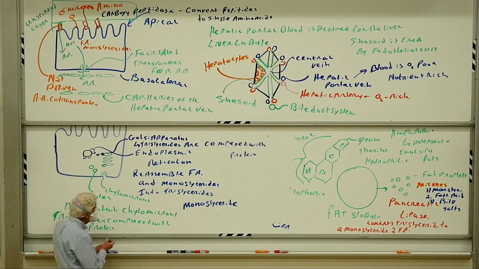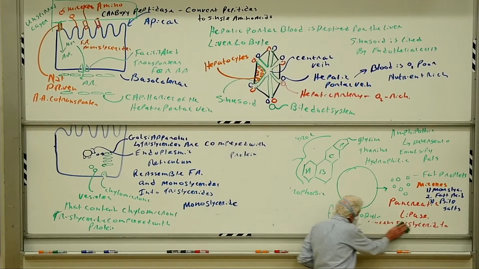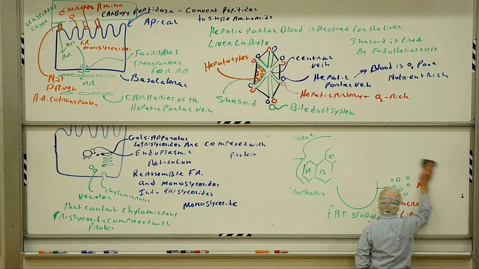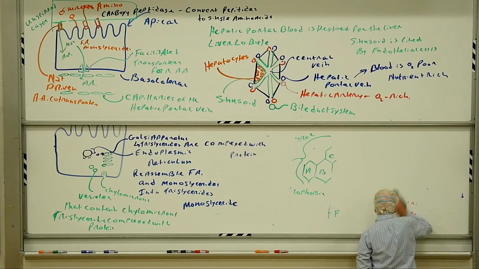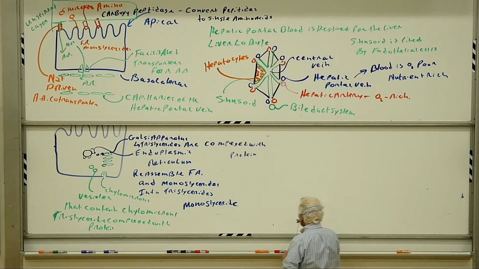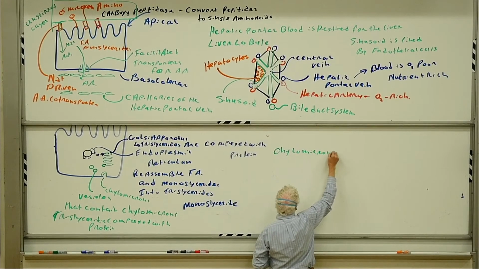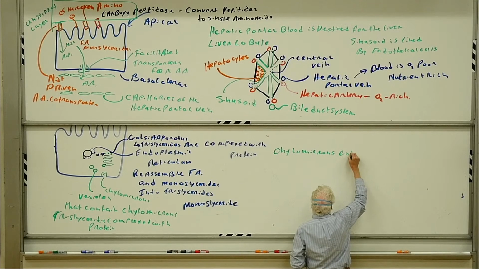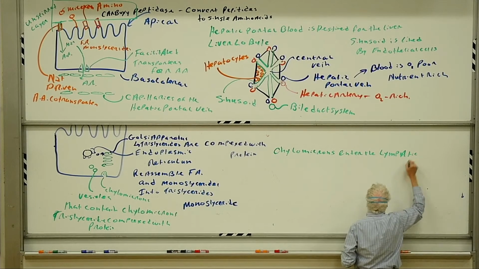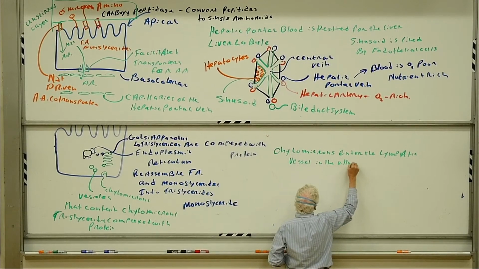So instead, the chylomicrons are going to enter the lymph vessel in the villus, which has a name called a lacteal.